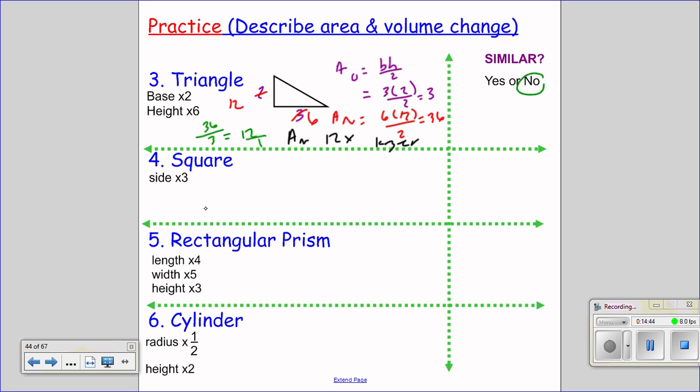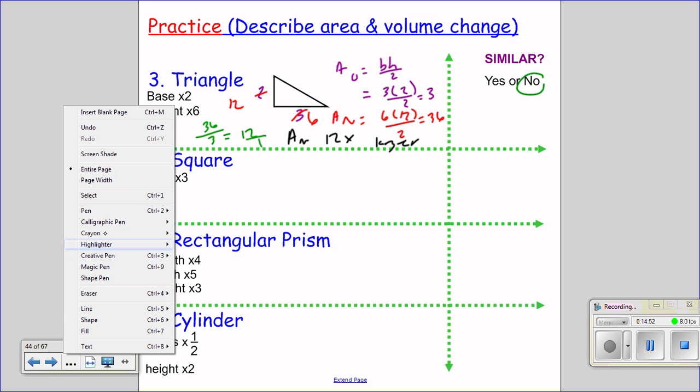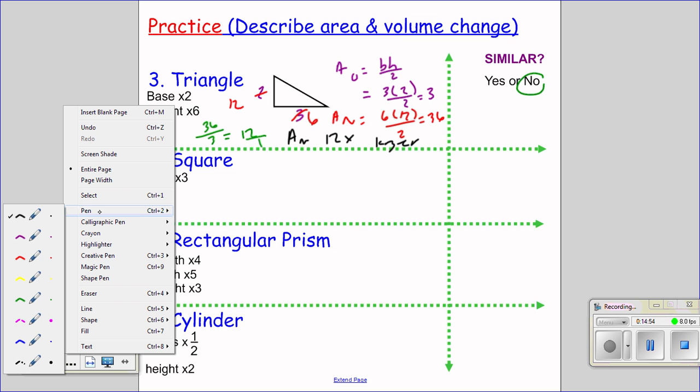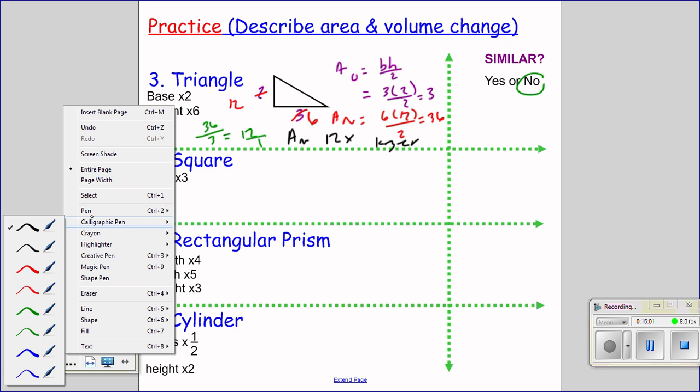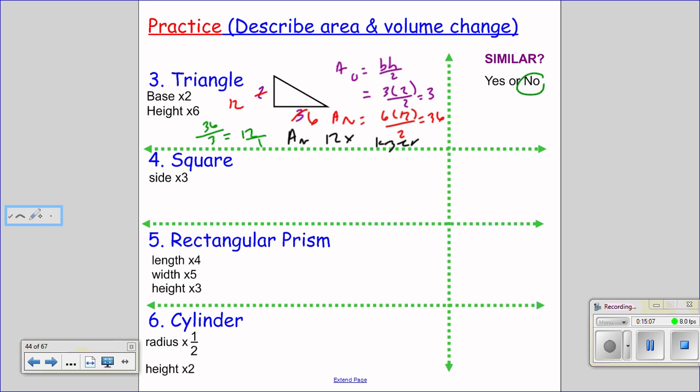I want you to do number 4 on your own. Let's talk about number 12. We have a rectangular prism. I'm not going to draw the prism. However, to find the surface area of this prism, surface area is equal to perimeter times height plus 2 bases.